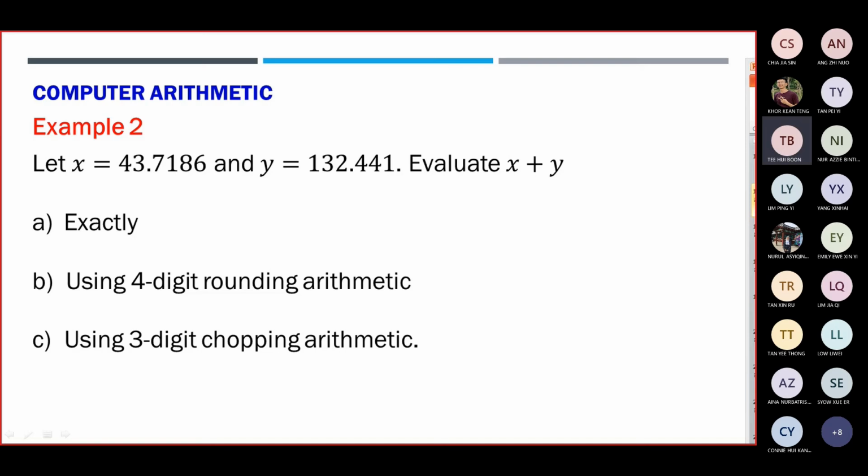Can you tell me what it means exactly? I think it's just adding the x value and y value. So I get the answer 176.1596. Say it again. 176.1596.